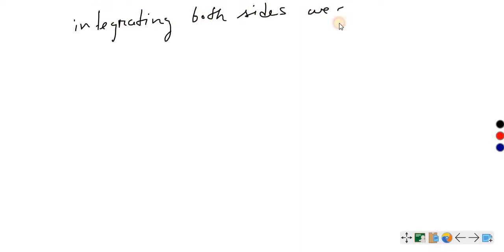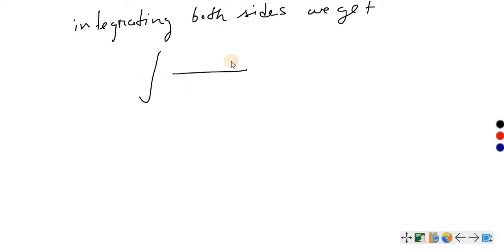After that, we can integrate. So we can write, integrating both sides, we get, so integration.